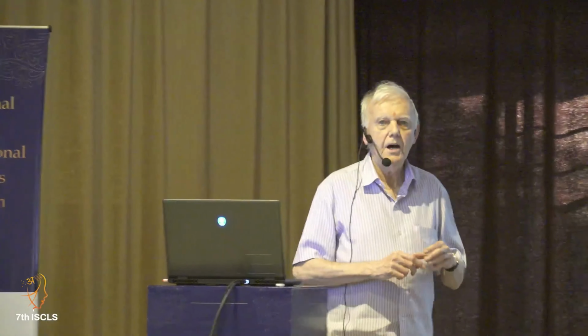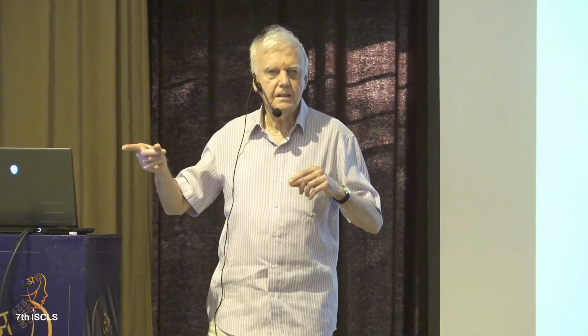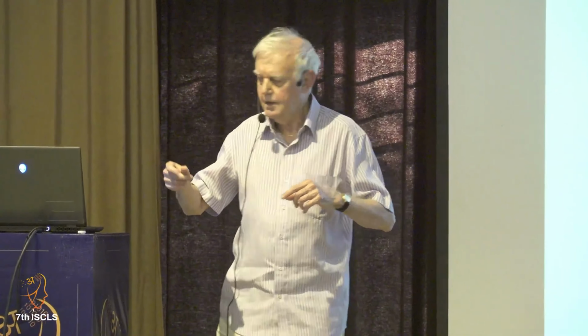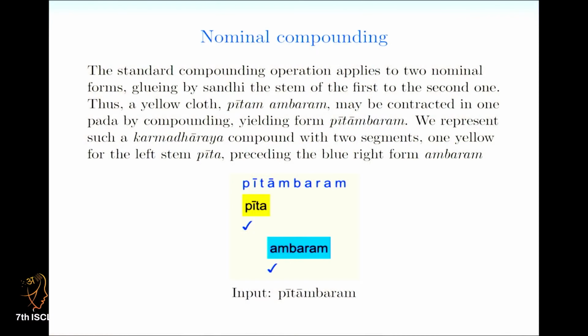Okay, so here we see that the segments are not always padas. Yeah? Here it's a pratipadika, just a stem. So the compound pada will be yellow followed by blue. And when you have embedded compounds, you will have yellow, yellow, yellow, yellow, blue. Okay?